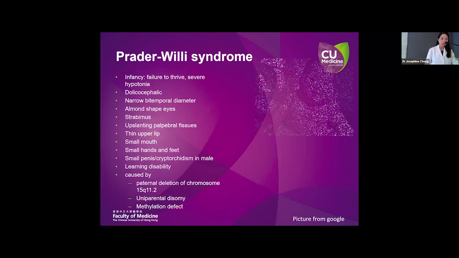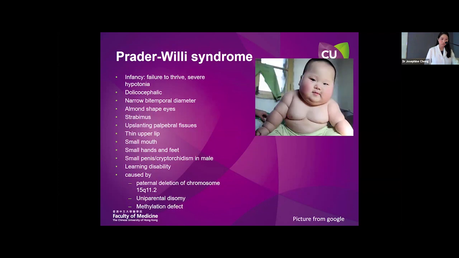And also, usually you see patients who have typical facial features with almond-shaped eyes, a fixed smile, and bitemporal narrowing, where the distance between the two temples is narrow, and a very small mouth, and they may present with learning disability.